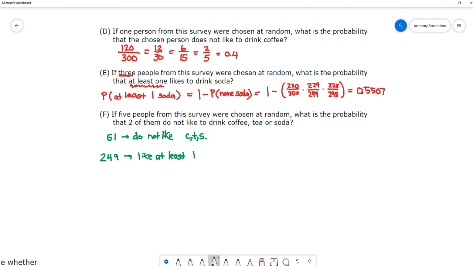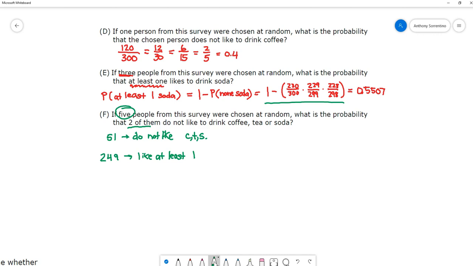When I'm picking 5 people and want the probability of 2 or more, or just 2, it gets complicated to use a procedure like the one up here, because I have to figure out the probability of this certain instance, and how many ways I could combine those instances together.